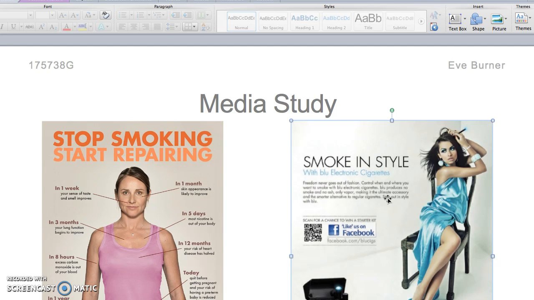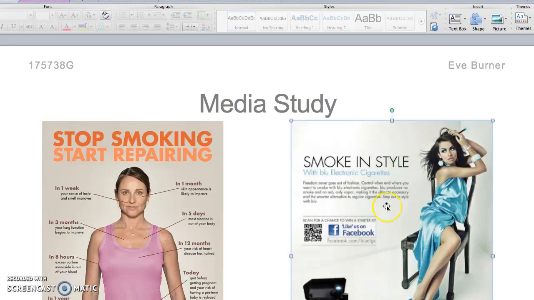So it's using the specialist language of the product, and it's designed to make us believe that there's perhaps a scientific basis even to it. It's also trying to reassure the smoker that even though it doesn't produce smoke and ash, which are the sort of ugly things about smoking, they're promoting it as the ultimate accessory and the smarter alternative to regular cigarettes.